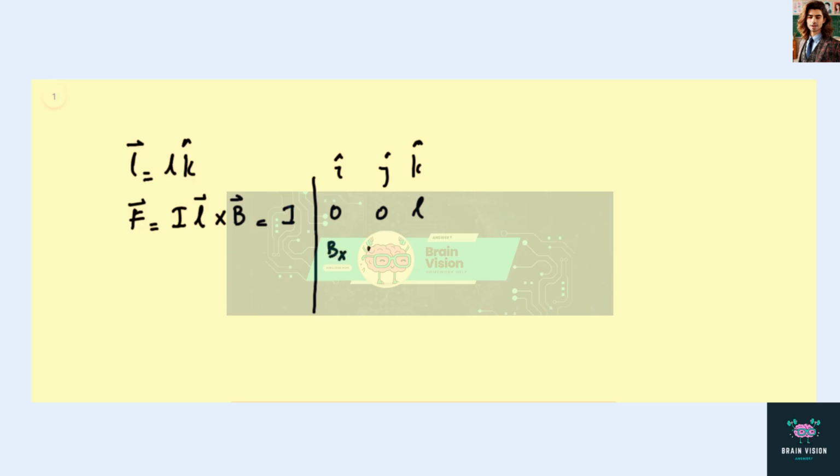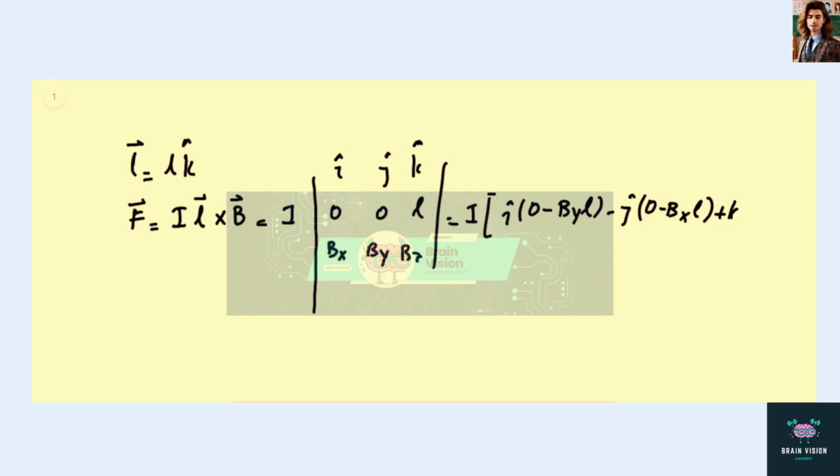And we have BX, BY, and BZ. Now I hat is going to be 0 minus BY times L, minus J hat is going to be equal to 0 minus BX times L, plus K hat. As you can see, 0 times BY, 0 minus 0.